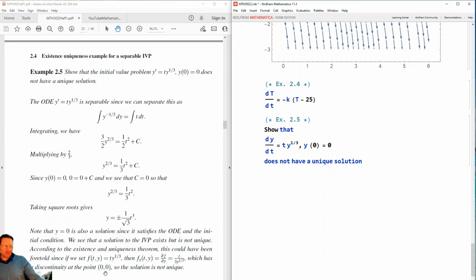All right, and so the theorem requires us to have continuity near that initial condition or initial value. So we see that the theorem does not give us a unique solution near that. So we have multiple solutions in this case. So you've got to take a little bit of care when you're solving even the most simple initial value problems. Okay.